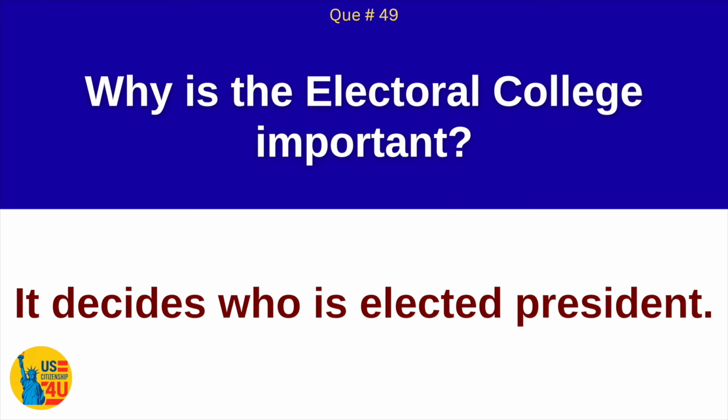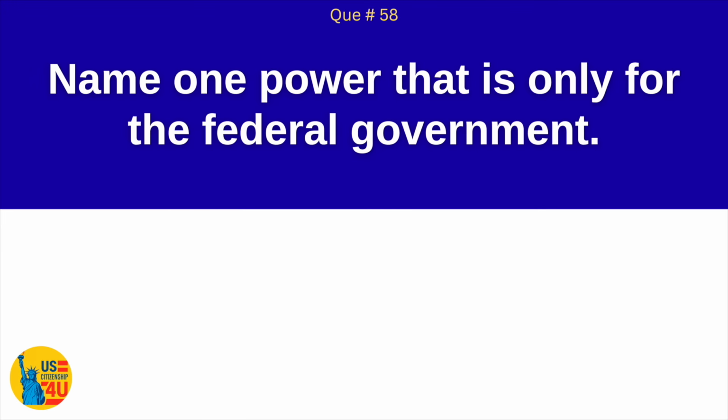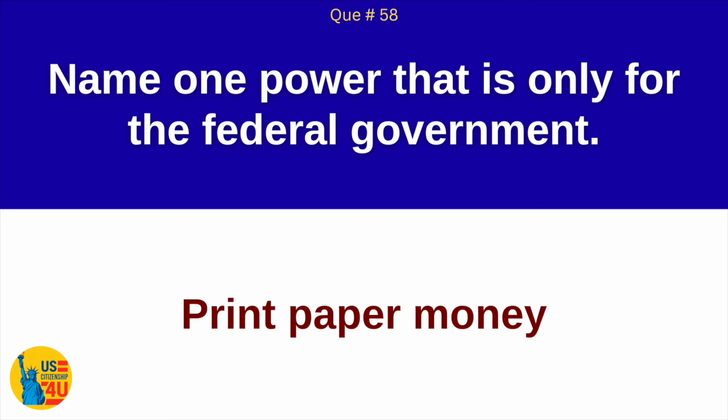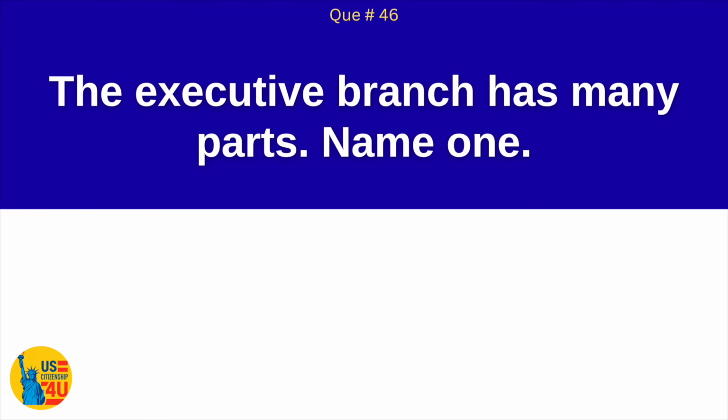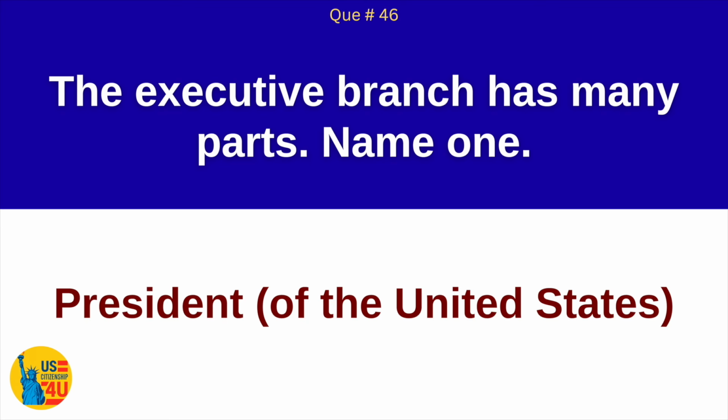It decides who is elected president. Name one power that is only for the federal government. Print paper money. The executive branch has many parts. Name one. President of the United States.